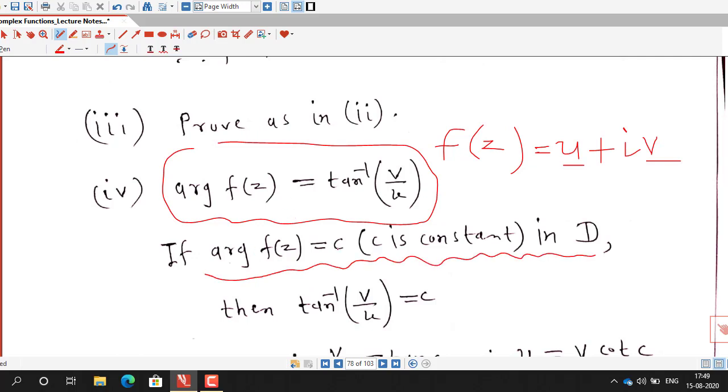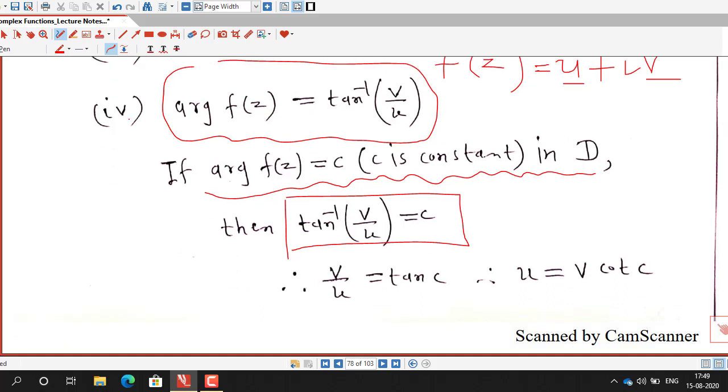So if argument of f of z is c for all points z in a domain D, then from this we can write tan inverse v upon u equal to constant c. And if we apply tan on both sides, we will obtain v upon u equal to tan c.